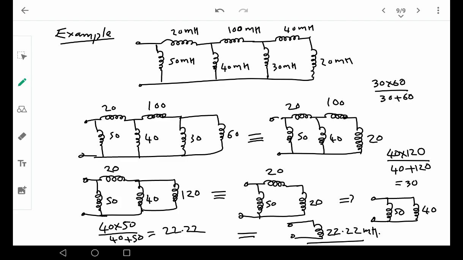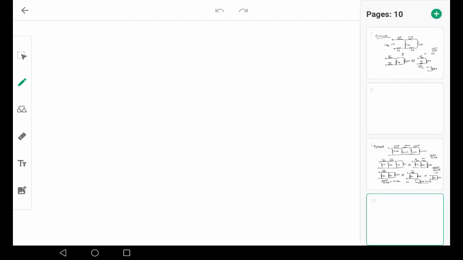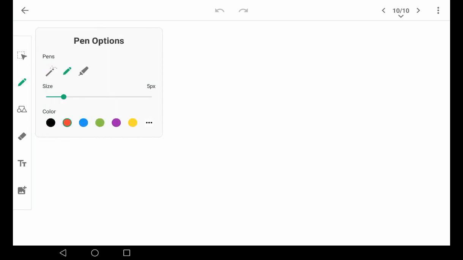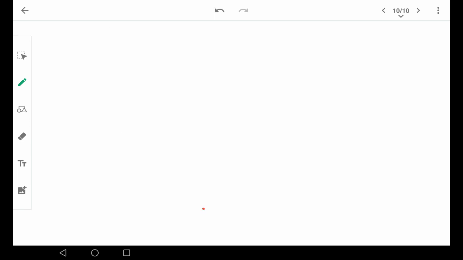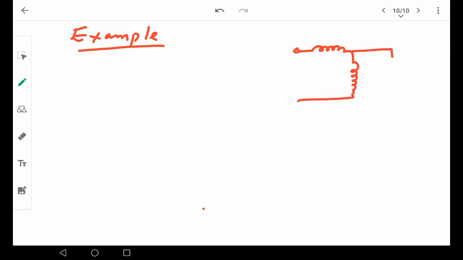Okay. So there's a bigger example. Another example given here. You have a circuit like this here. Given inductance, another inductance, and also another inductance is given like this.